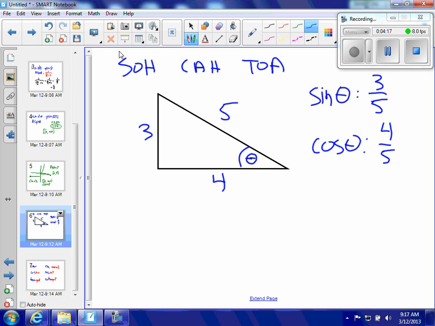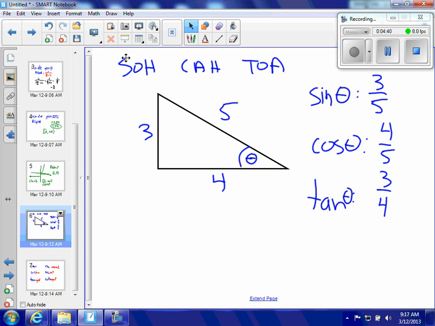Are we okay with that? Okay. And Victoria, what would tangent be? 3 over 4, or opposite over adjacent. Tangent theta is 3 over 4.